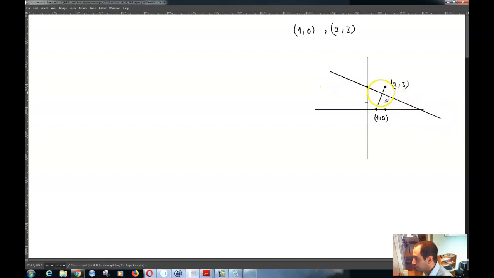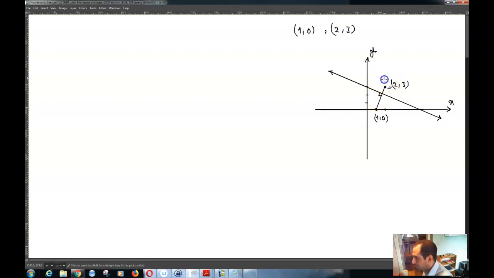I have a line that is perpendicular to this line and divides this line internally in the ratio 1 to n.